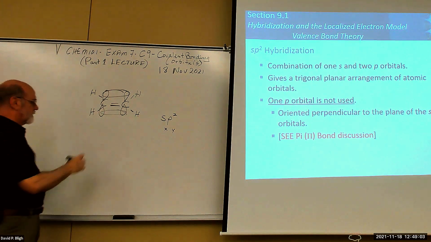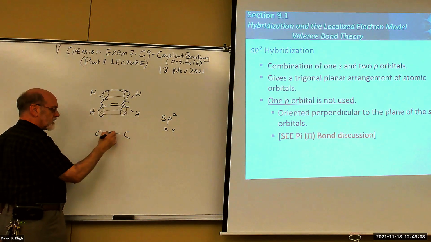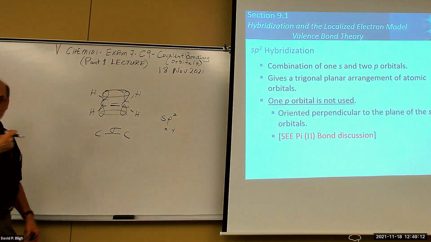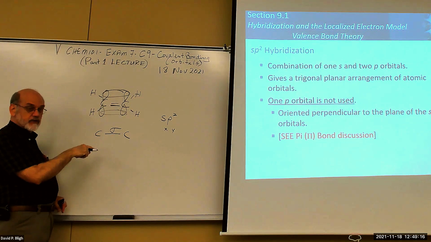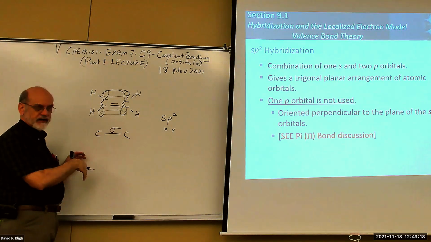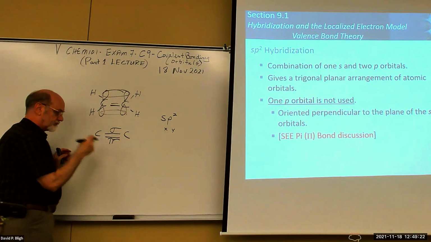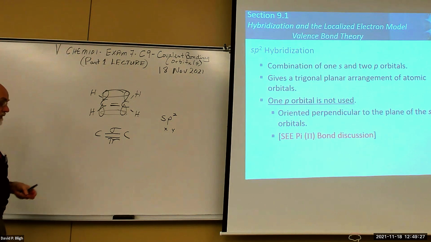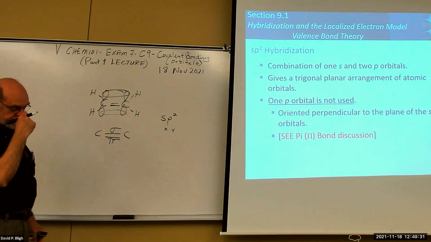I might as well name it now. If you have a bond between 2 atoms on axis, that's called a sigma bond. Okay? You always have at least one of those if there's a bond. Then if you need off-axis bonding, like this one, that one's called a pi bond. We'll talk about it a little more later, but I figure, stream of consciousness, this is a good place to introduce it.